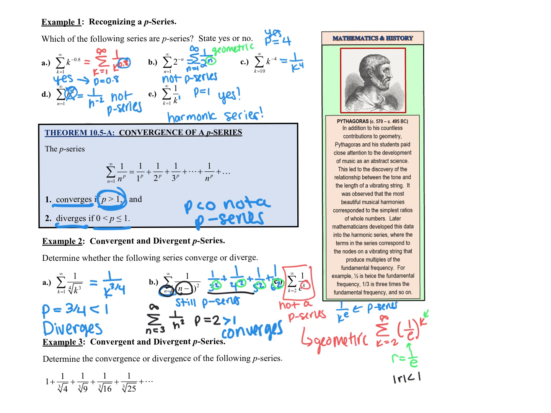And e is 2.7, so this number will be less than 1. So this guy converges by the geometric series test. Okay, so it does converge, but it's not a p-series, because remember, the p has to be the number and the power. Okay?